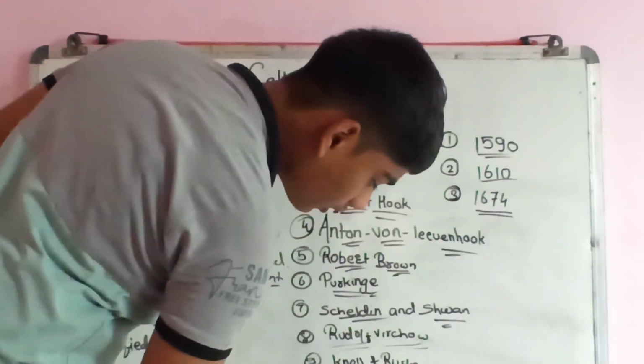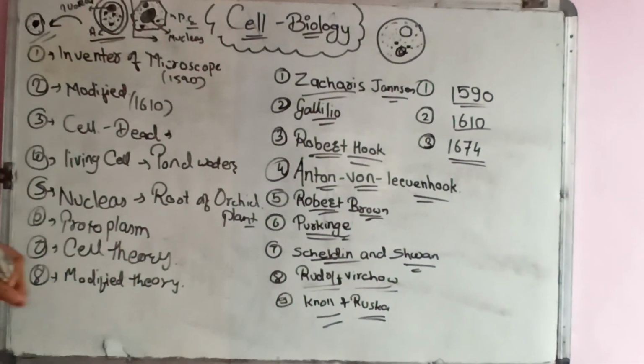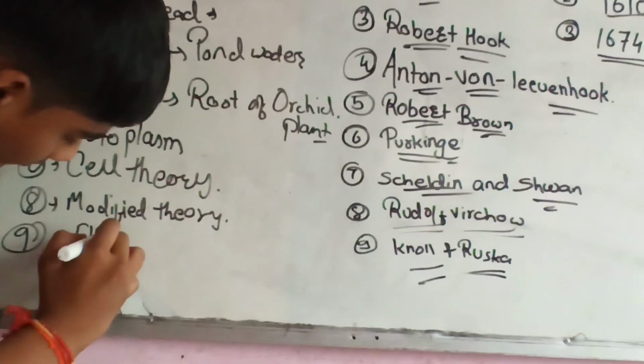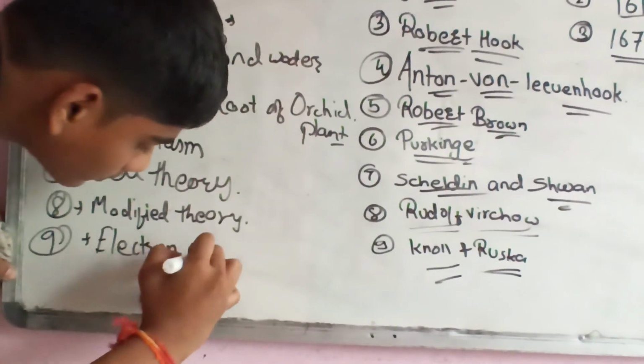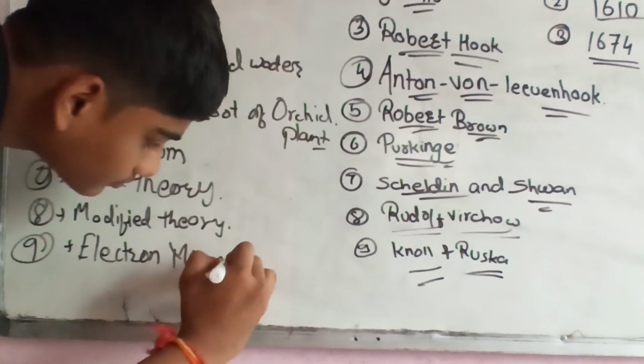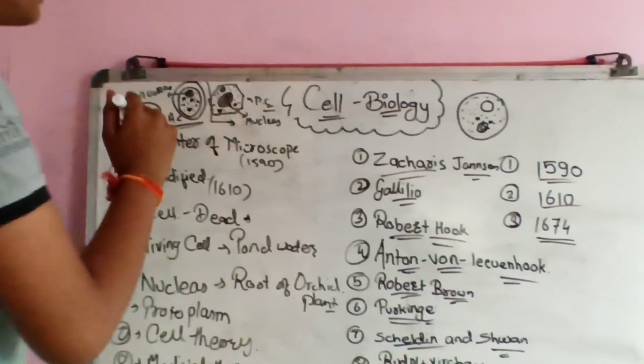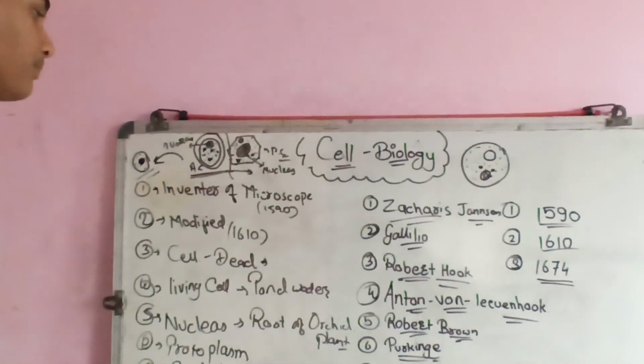Now came Knoll and Ruska. What did they do? They invented the electron microscope, by which they saw many organelles inside these cells.